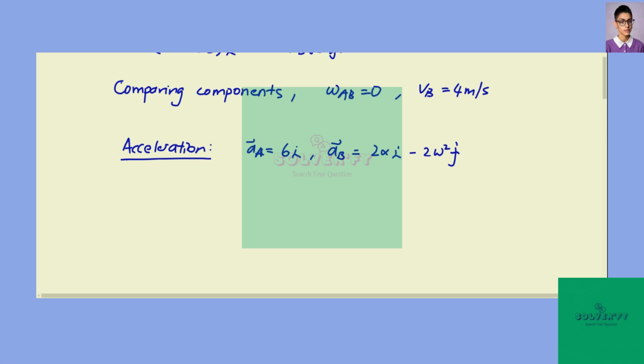So aA is equal to aB plus alpha AB cross rA relative to B minus omega AB squared rA relative to B, and this last term is 0. So 6i is equal to 2 alpha i minus 2 omega squared j.